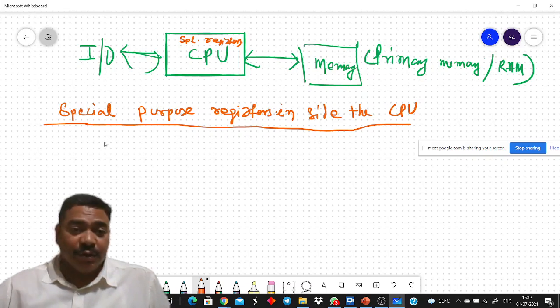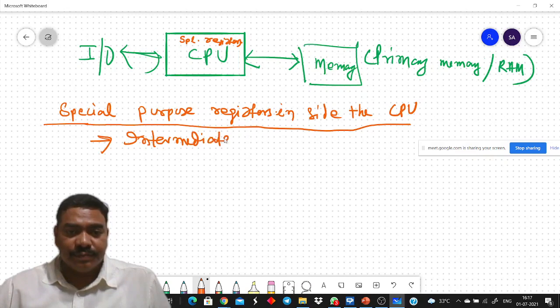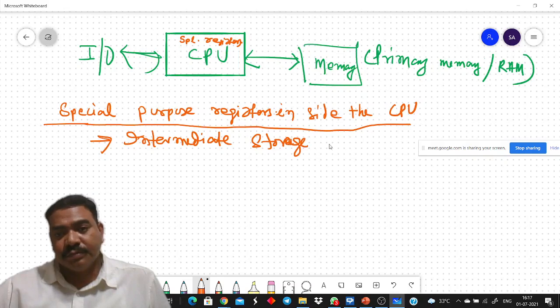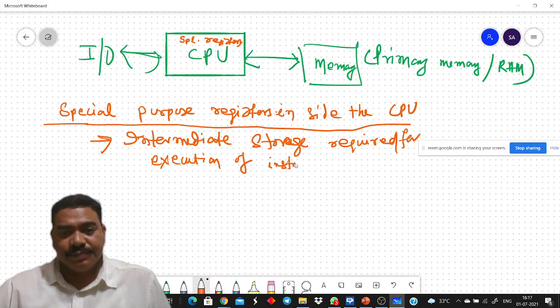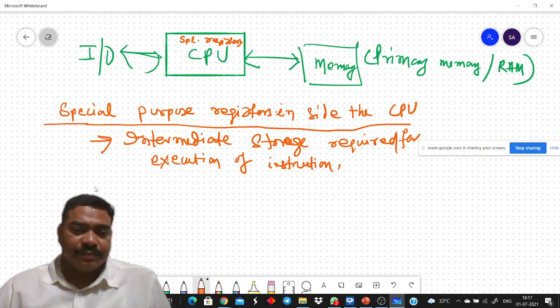They work as intermediate storage required for execution of an instruction.